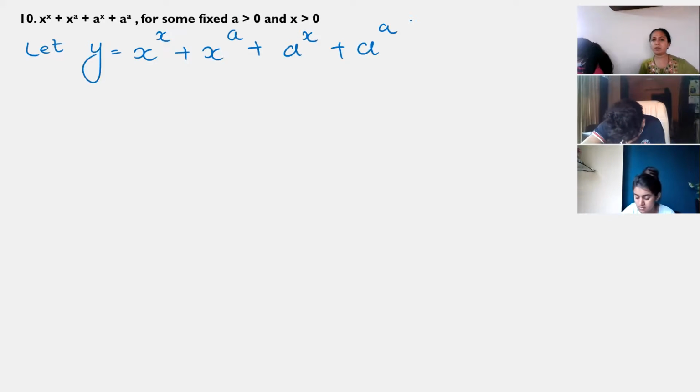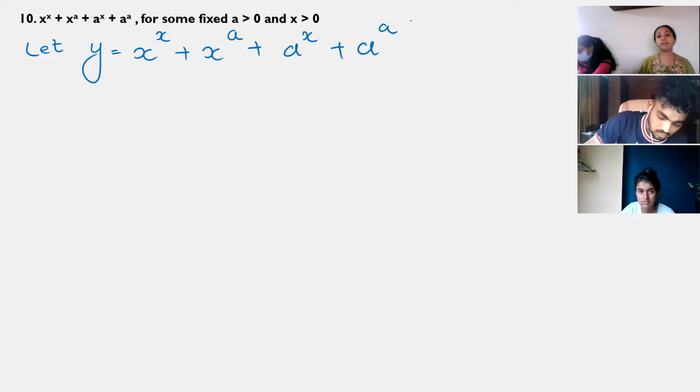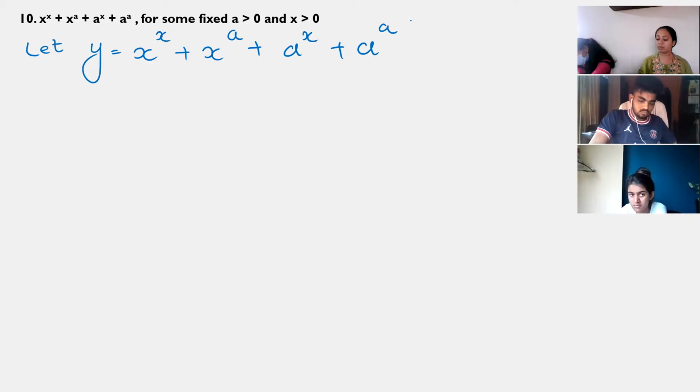Greater than 0 means we have permission to take logarithm. x is also greater than 0. You can take log, but a will be some constant.